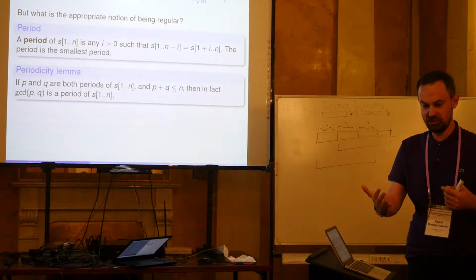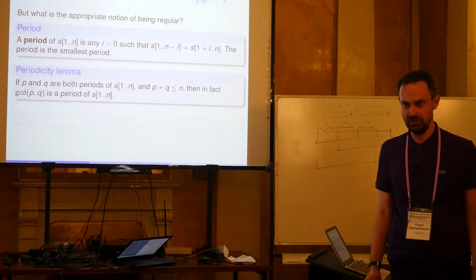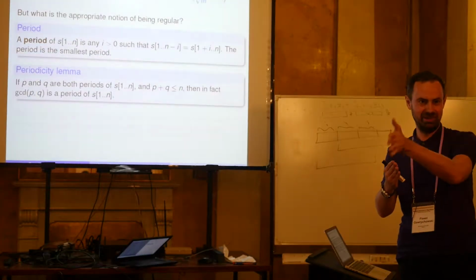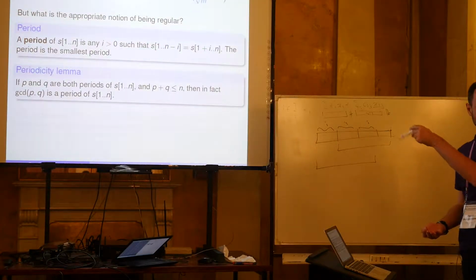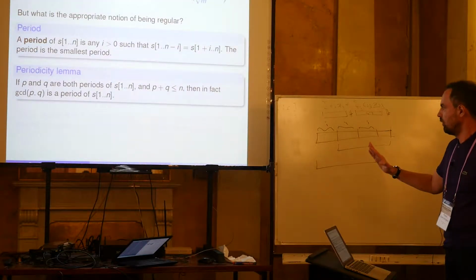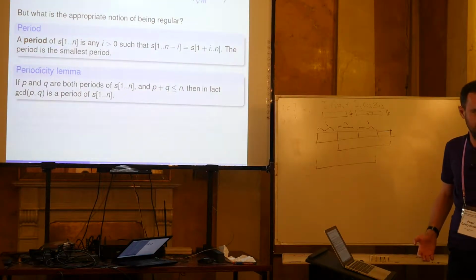So the greatest common divisor of all of them is also a period, and that's actually the smallest period. The first half is just very regular. The others also have similar properties, but you have to work a little bit with this lemma. I will not use it, but it's good to know that something like that exists because it's used in those exact problems.